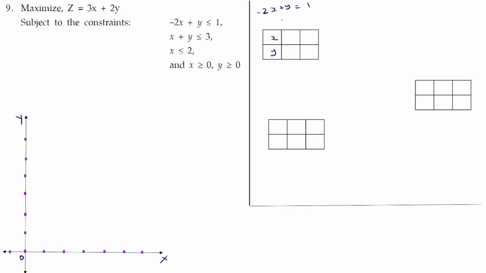So the 2 points that we require, when x is 0, this part becomes 0, so we get y is equal to 1. When x is 0, y is 1. And then when y is 0, this part will be 0, minus 2x will be equal to 1, or x will be minus half. So the 2 points are 0, 1 and minus half, 0.